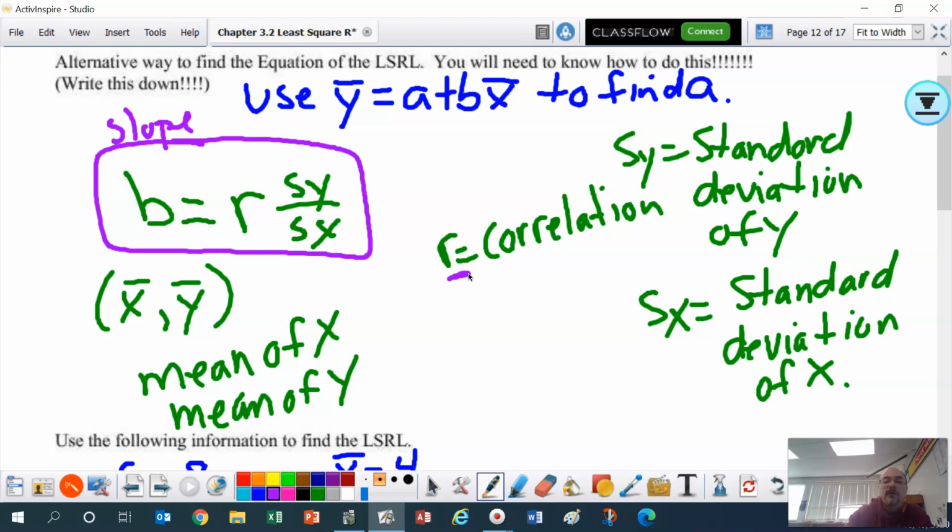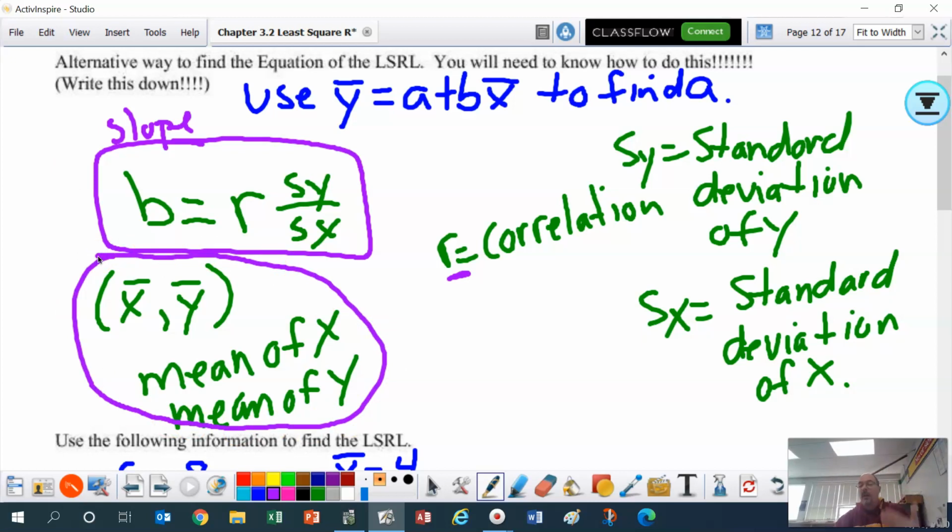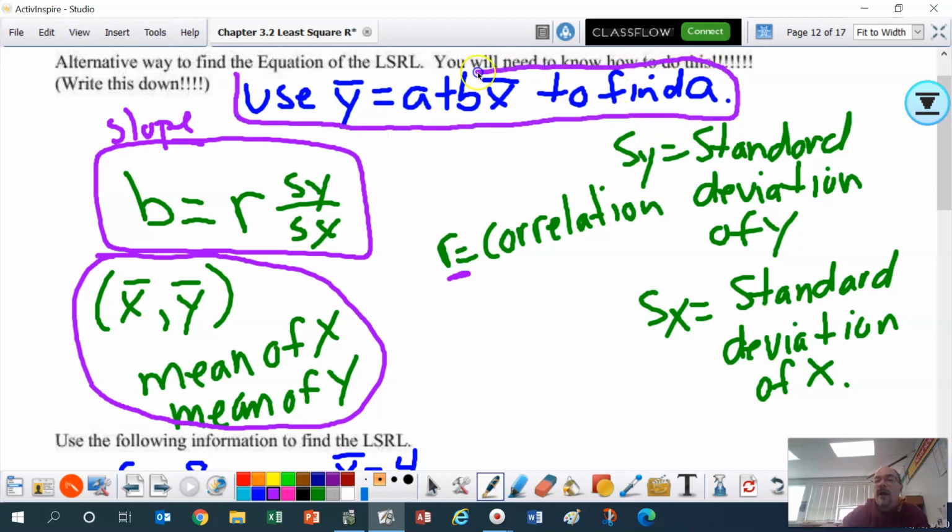Now, here, this is the mean of X and Y. So the mean of all of the X values and the mean of all of the Y values. And we're going to use this right here to help find A and then be able to write an equation, a prediction equation.